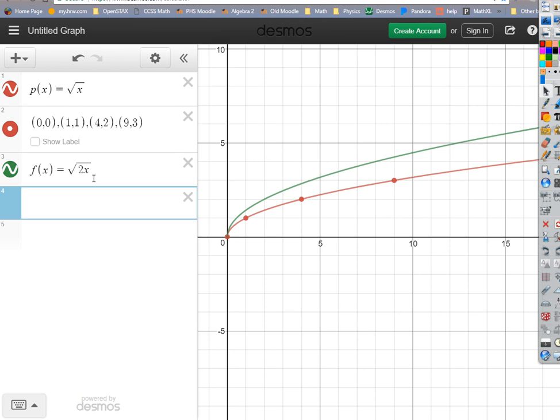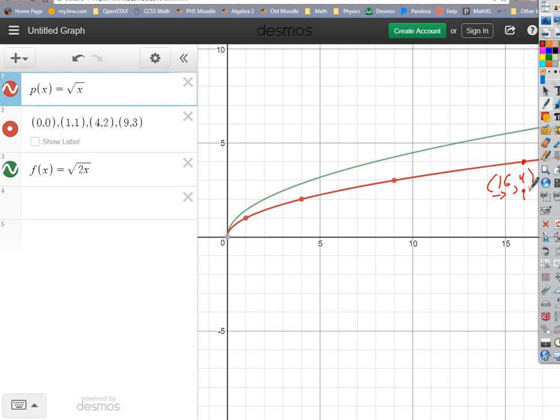By how much? By 2, right? So tell me then, if I were to go out to 16, I normally would go up by 4 by going out by 16, right? That's a normal point on my parent graph, right? I've got the normal point over 16 up 4. If I do this to it, where's the point going to be?